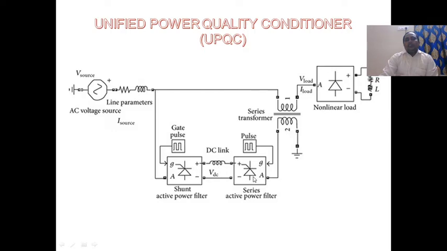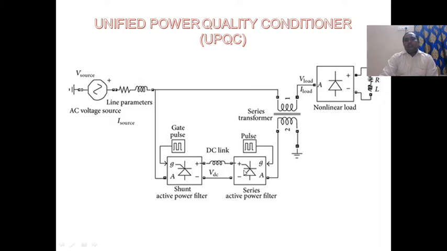The series active power filter is also operated by using pulse width modulation. If there are 6 switches, the 6 switches are not turned on at a time; they are turned on simultaneously, one from the upper portion and one from the lower portion. At a time only 2 switches will be turned on.